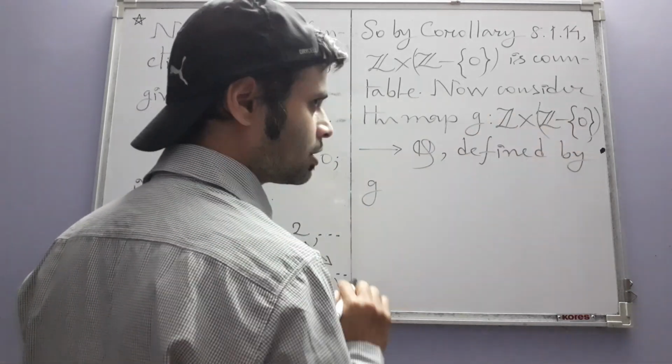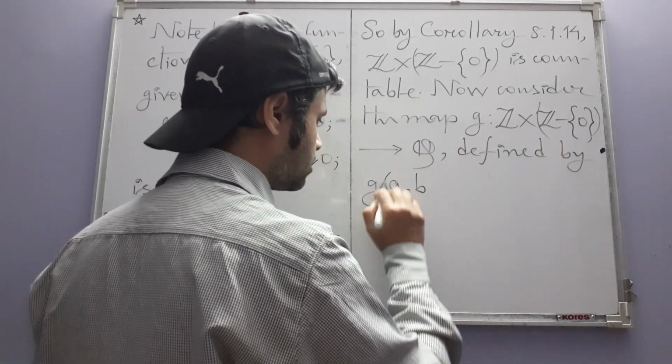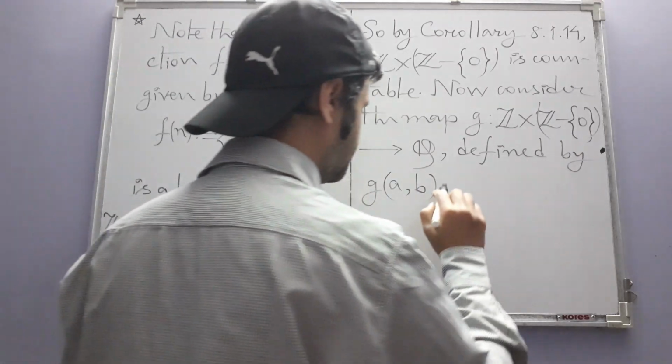They are going to be ordered pairs of integers where the second coordinate is non-zero.